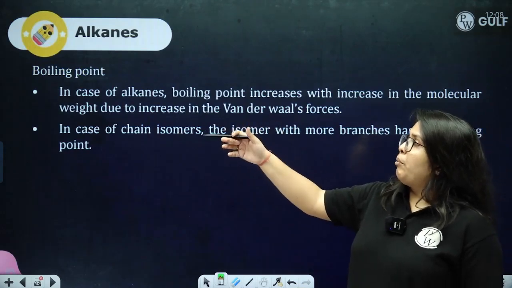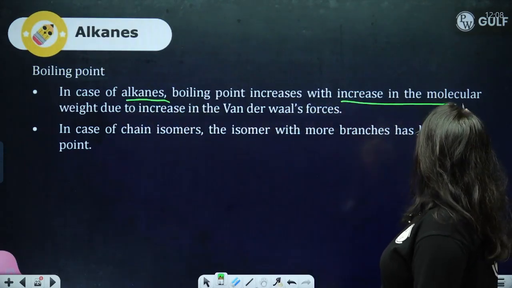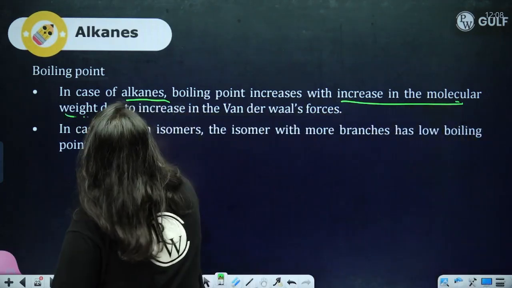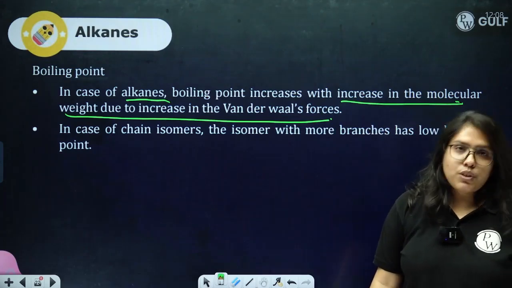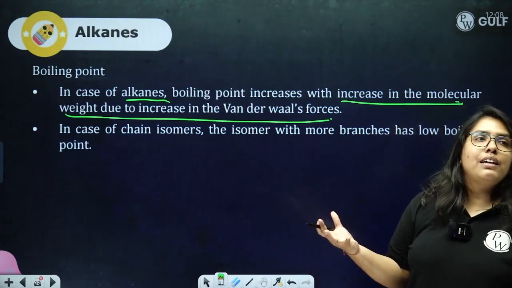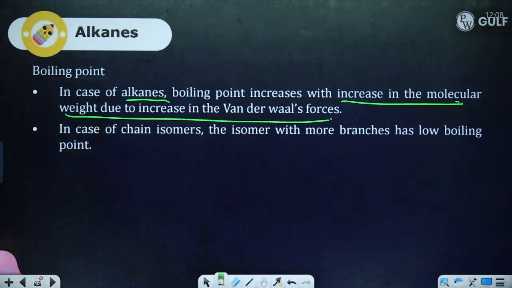Talking about the boiling point, in case of alkanes, boiling point increases with increase in the molecular weight, due to increase in the van der Waals forces. In case of chain isomers, the isomer with more branches has a low boiling point.